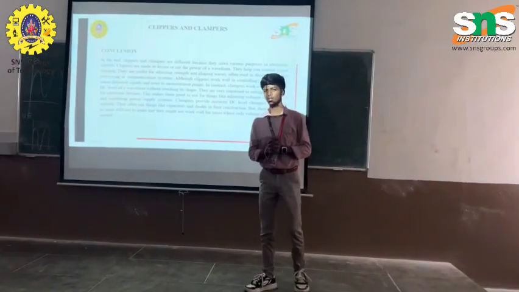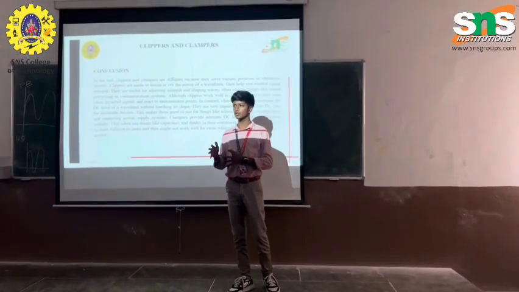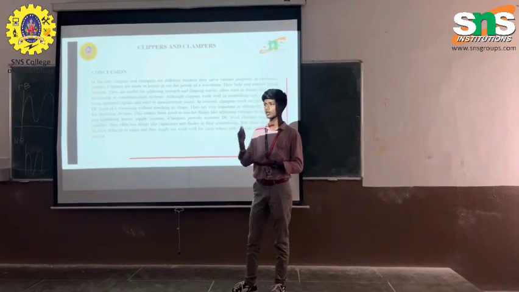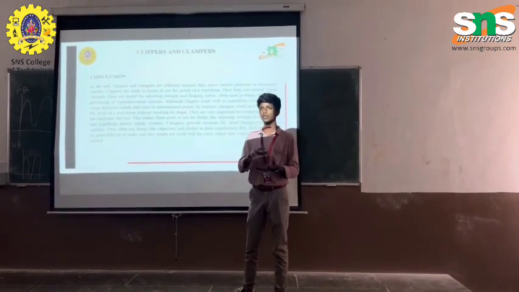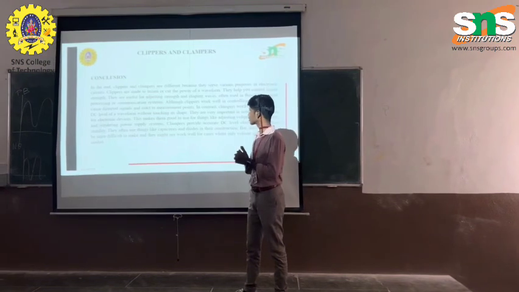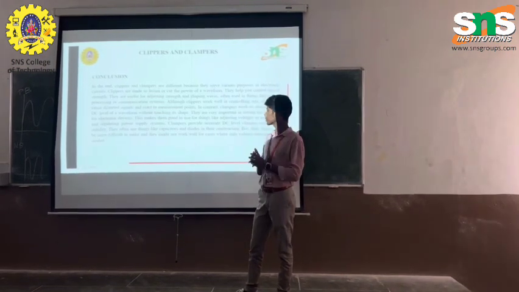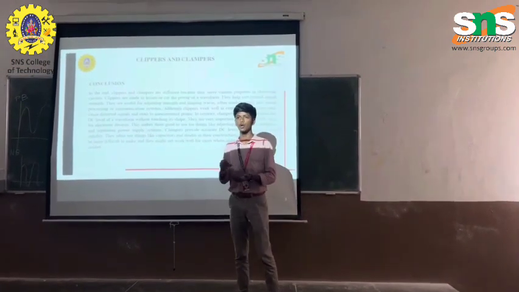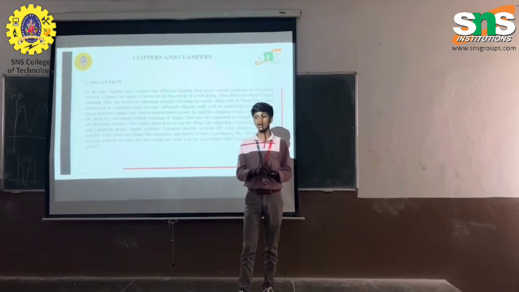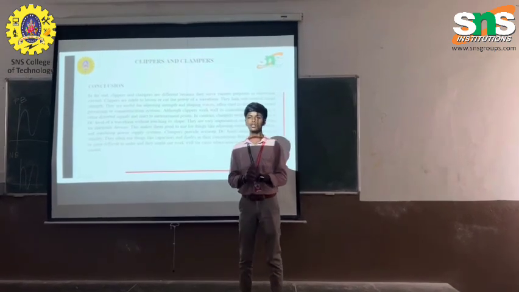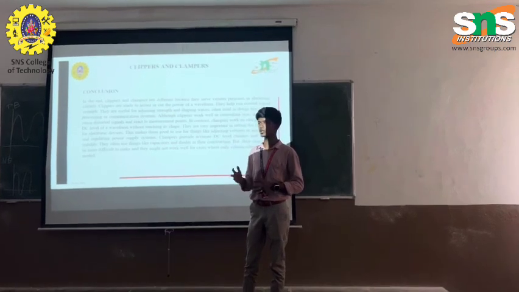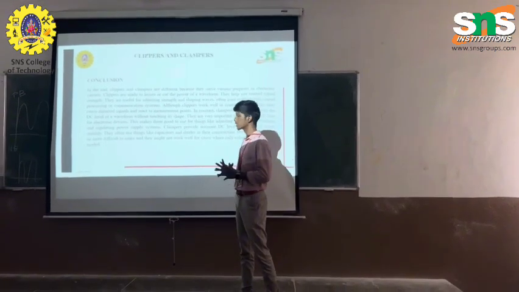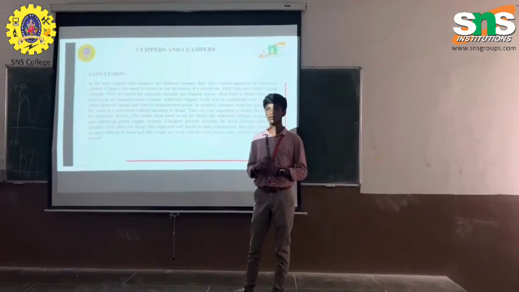In conclusion, the clipper is used to limit the waveform, or cut the big wave into smaller parts of the waveform. On the clamper side, we have to see that it adjusts the level of the waveform. It is difficult to make, because compared to the clipper, which is simple in form, the clamper is difficult to make.